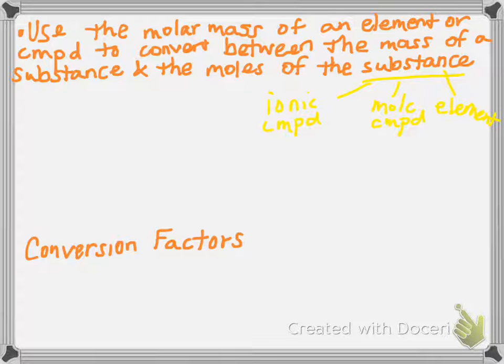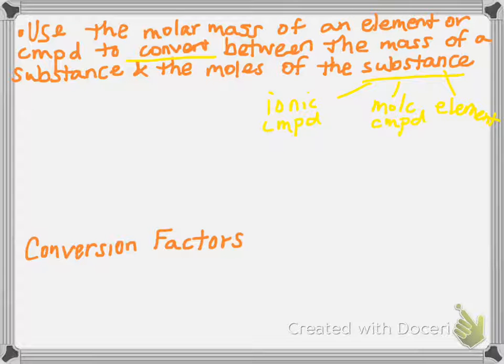Whatever kind of substance you have, whether an ionic compound because it's made of a metal and a nonmetal or has a polyatomic ion in it, a molecular compound because it's made of two nonmetals, or an element, you can use this molar mass to convert between the mass of a substance and the moles of a substance.